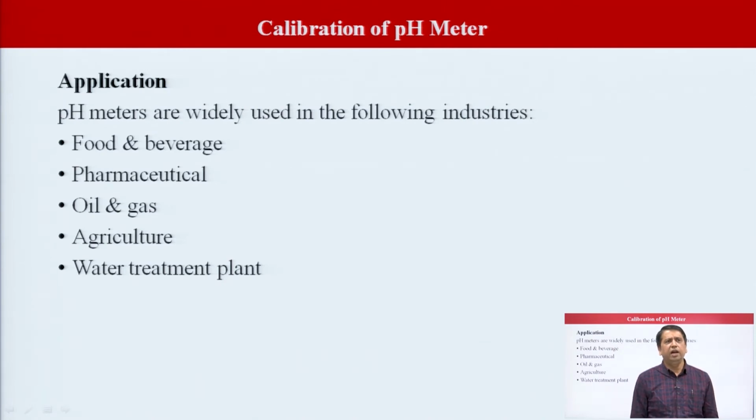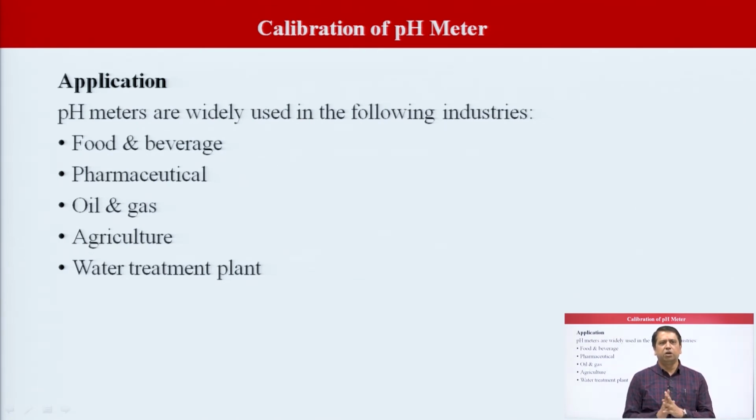Next thing is the applications. There are many applications of the pH meter. It is used in the performance of analysis in pharmaceuticals, in the preparation of mobile phases for chromatography techniques, in the preparation of various types of pharmaceuticals, and in the synthesis or various types of processes just to measure the pH of the solution.